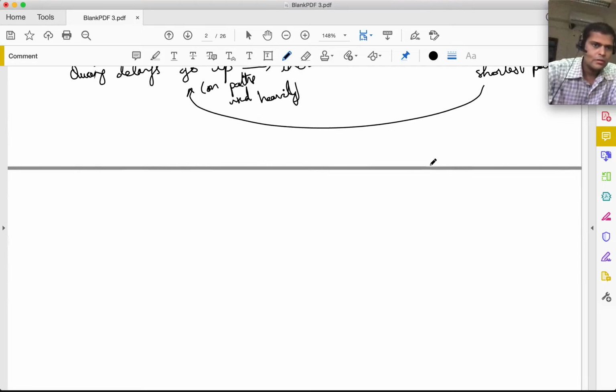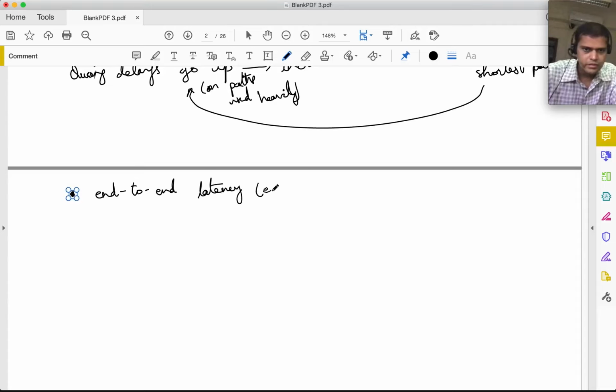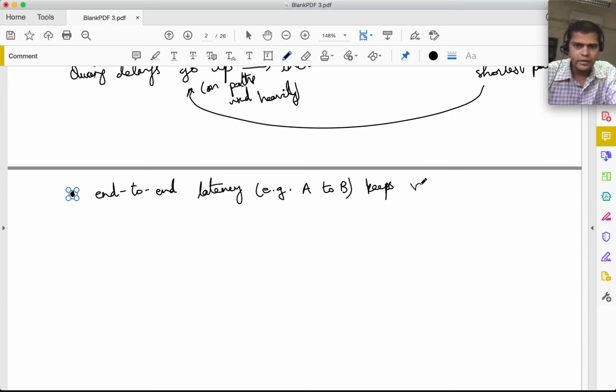Okay, so why is this bad? Well, because the end-to-end latency, what I mean by end-to-end is, for example, from A to B in the network, keeps varying.